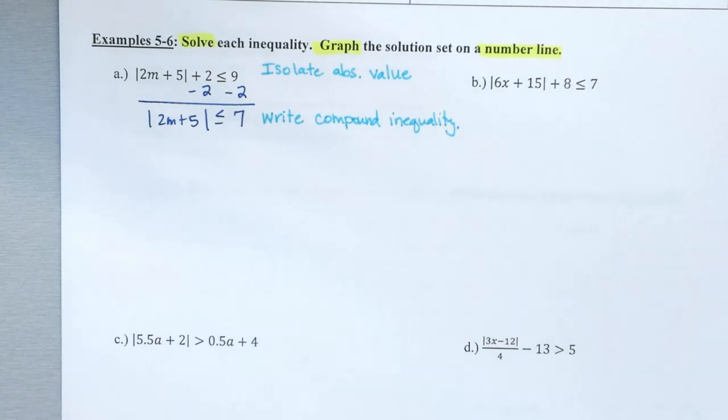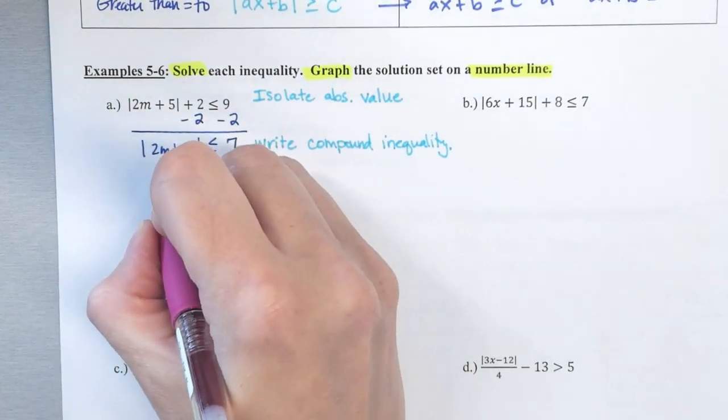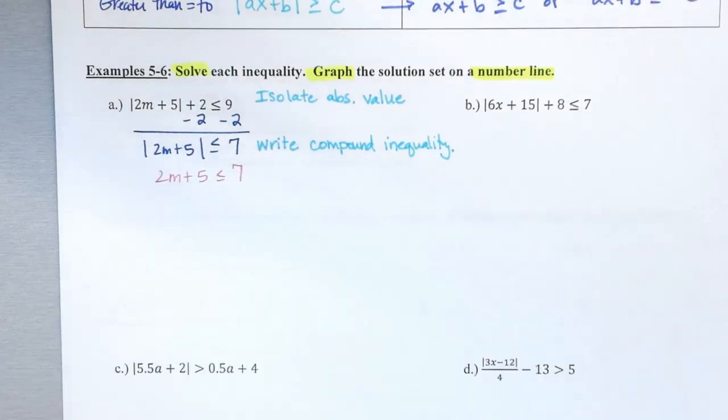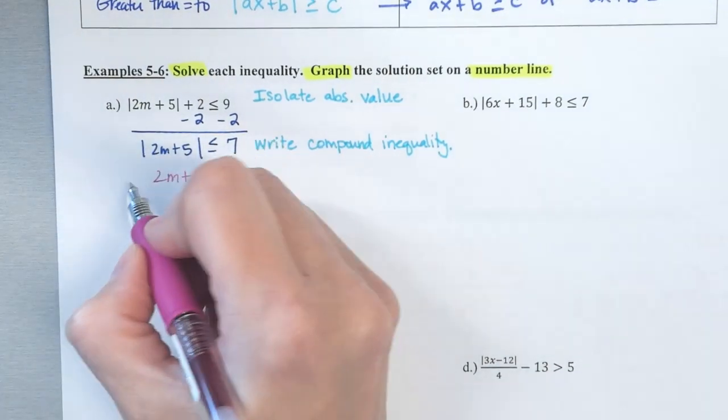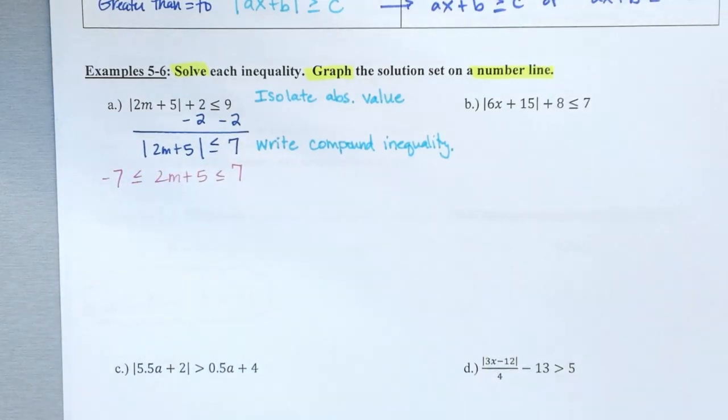Okay, and that's what you can use your chart for. So if it is less than, that is where you have the one inequality. So it can be less than or equal to 7 and also greater than or equal to -7.